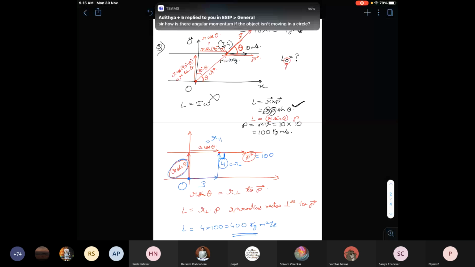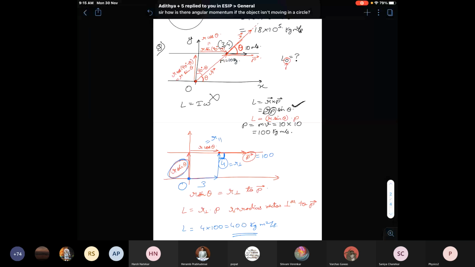See how there is angular momentum. Just try to observe. Suppose you are standing at one place and a train is moving from left to right in front of you. You are not moving anywhere. How will your head move? Your head will move from left to right in a circle.